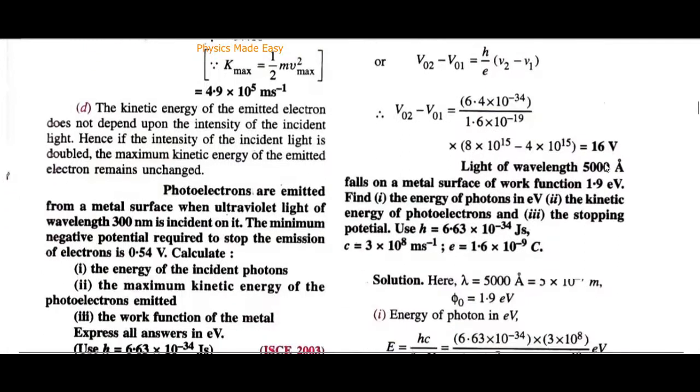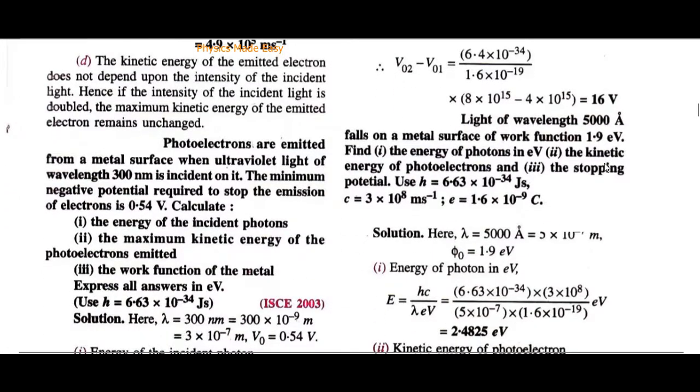And the next problem: photoelectrons are emitted from a metal surface when ultraviolet light of this wavelength is incident. Remember, if wavelength is given in nanometers, you just add one zero to it, and it gives the wavelength in angstroms.